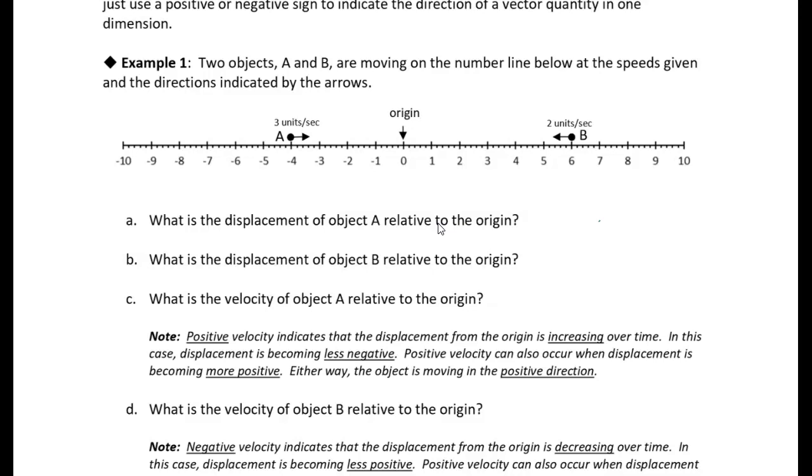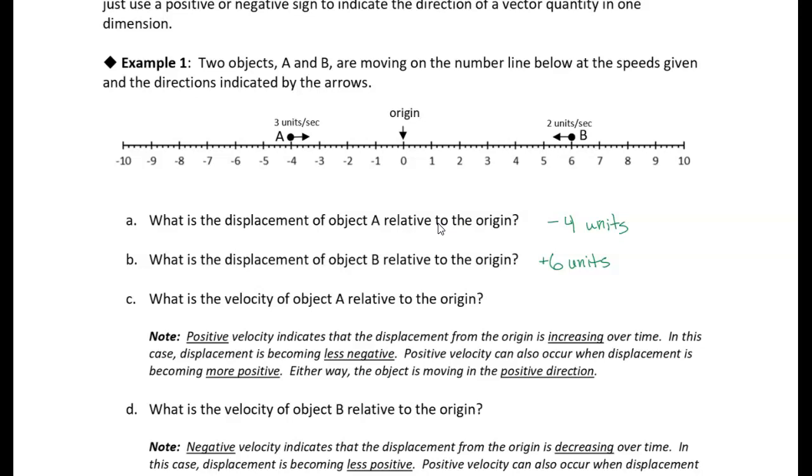And so we would say that it's negative 4 units. That's its displacement with respect to the origin, okay? Now, point B over here is at positive 6. I could write a plus sign if I wanted to, but I don't have to. It's 6 units to the right of the origin.